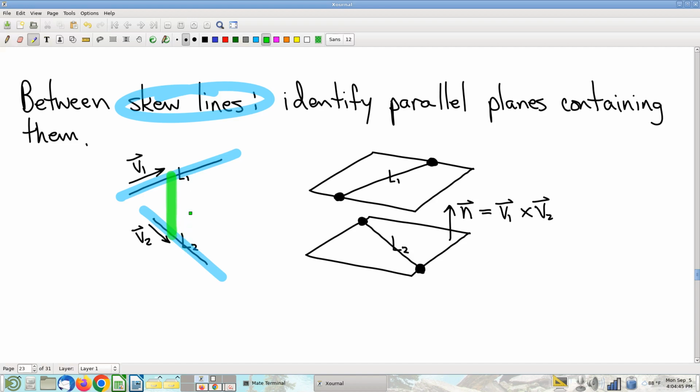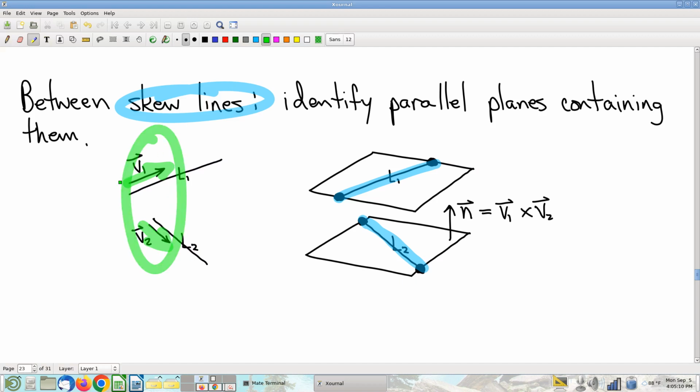So, with that noted, the clever move is to realize that those skew lines are contained within parallel planes. And the way you can see them as being in parallel planes is you can take these direction vectors, right?